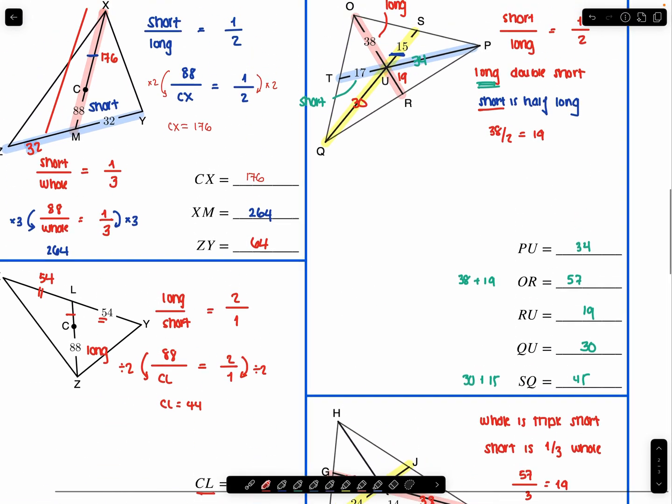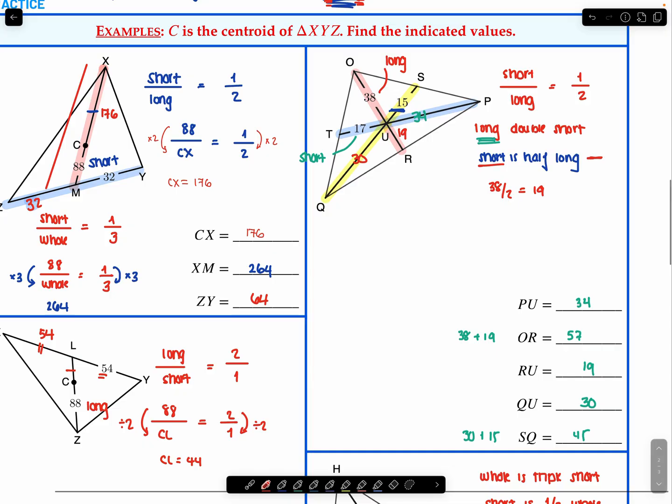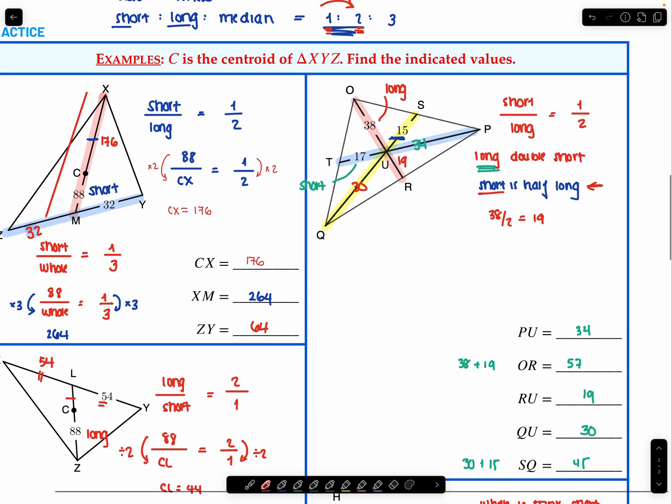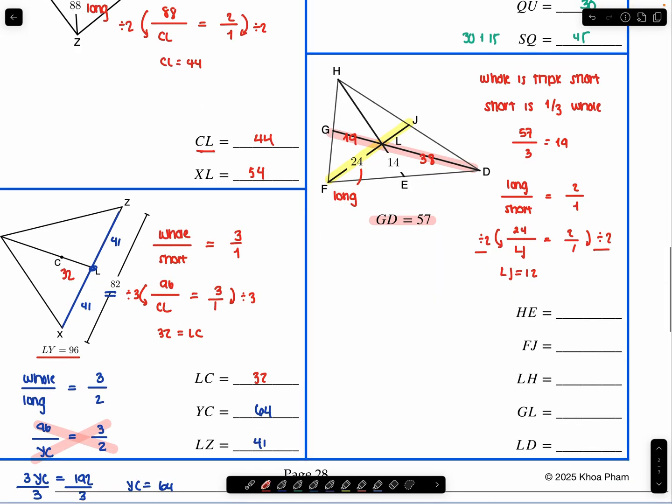And I can just divide by 2. So we said already on top that the short is half the long. And this is where you see it, right? The proportion is that you divide by 2 going from top to bottom. And so LJ here happens to be 12. So either by a fraction or by just verbally interpreting it, you'll get the same answer. This is 12.